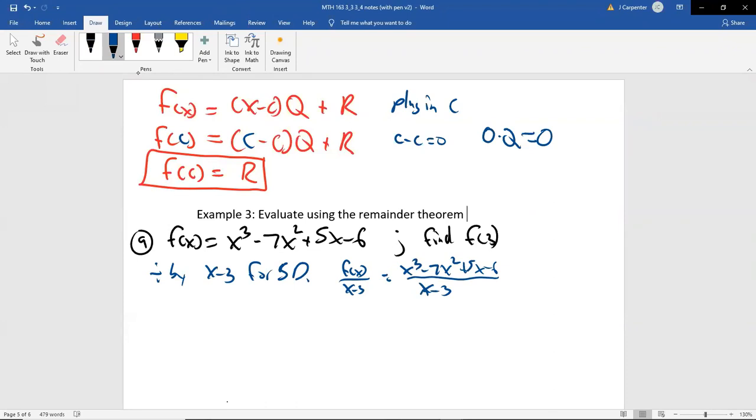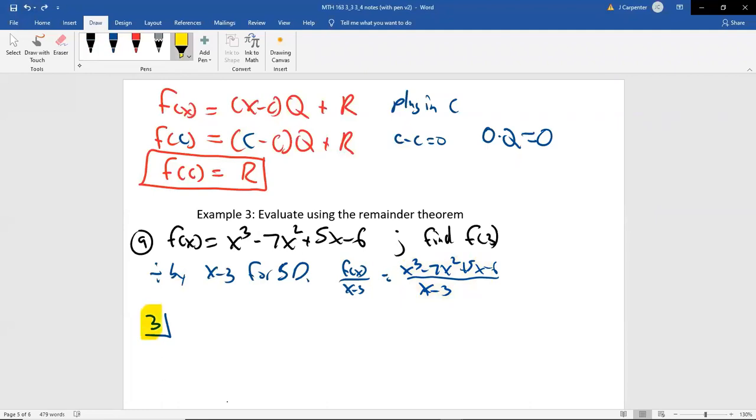Which means when we show the synthetic division, because we're dividing by x minus 3, a positive 3 goes in the half box. And here's what I want to show you. Moving forward, when we have to pull these numbers, when we're deciding that this bottom is a 3, when I don't tell you it's a 3, most people don't even show this step here. They just go straight to the synthetic division here.